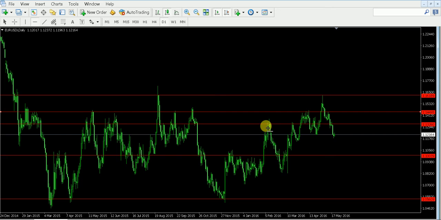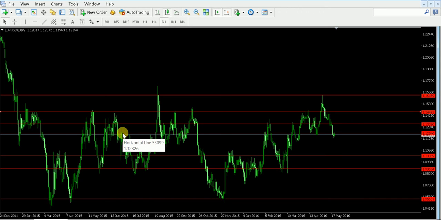Really, to hold a position as far as support and resistance, we want to see price dabble around that area at least twice. You see we have several lines here. Again, this is the daily time frame.